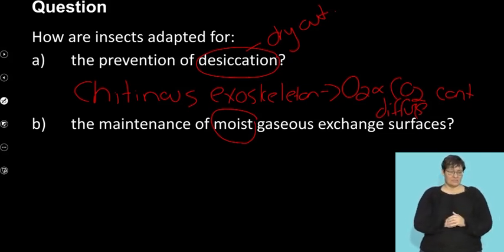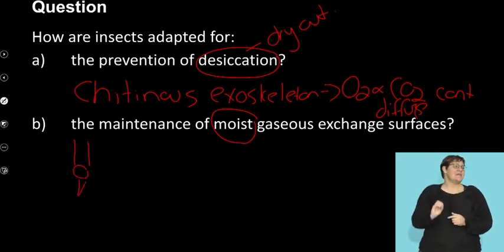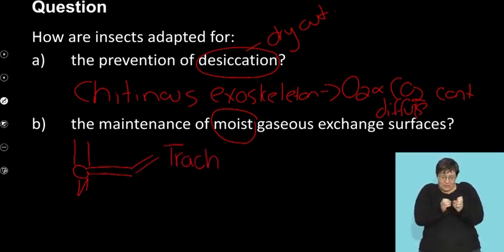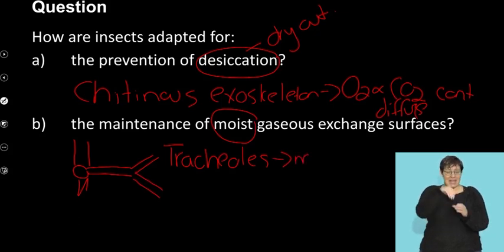And when we look at the insects, insects have this tracheal system. And what happens is they have these little tracheoles, the same as our little bronchioles. They've got these smaller little branches called the tracheoles. And inside their branches, it is moist.